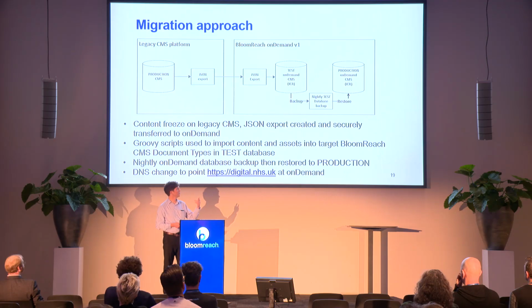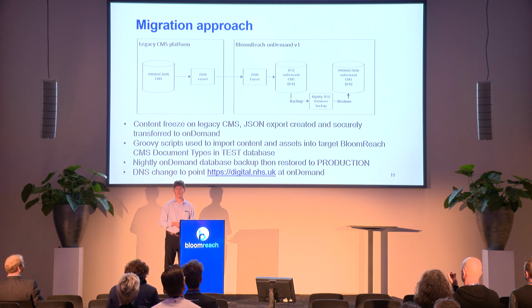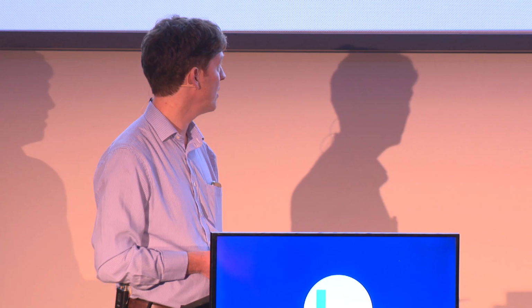We had a number of dry runs of that, but for the final implementation, a nightly test database backup was created by the infrastructure people, and they simply restored it to production. We made sure that was okay, and at the point when we wanted to flip over, we changed the DNS to point to on-demand. So that all worked really well.